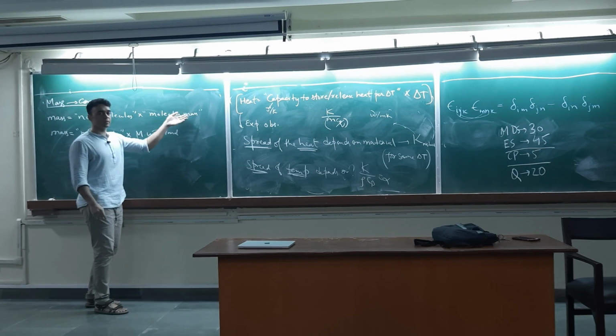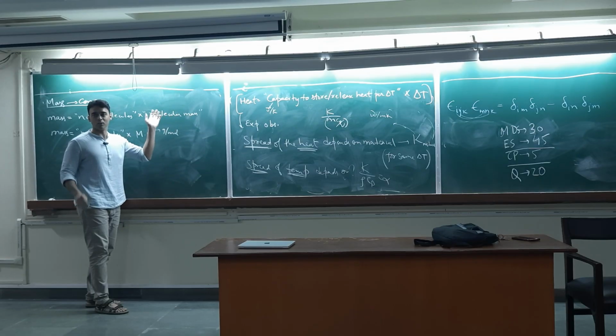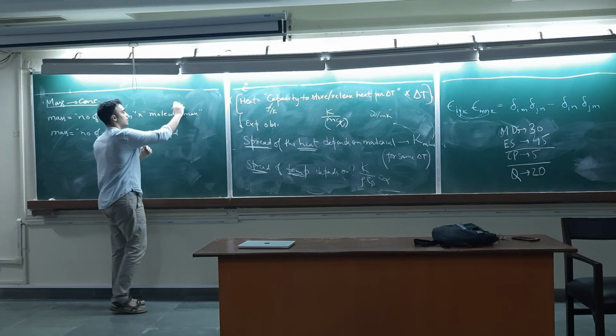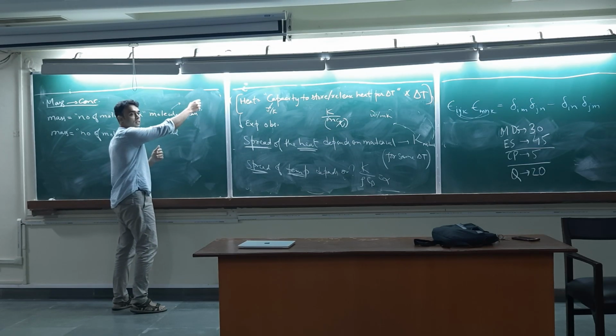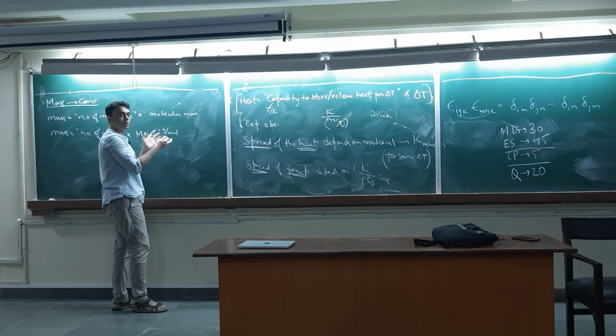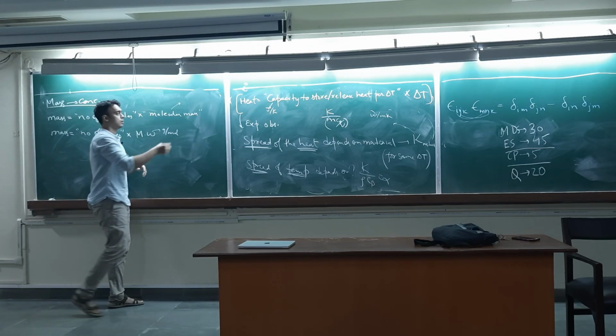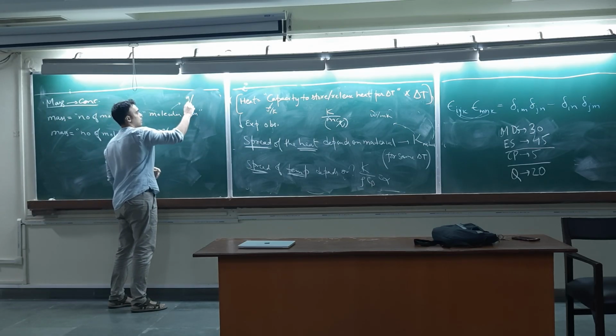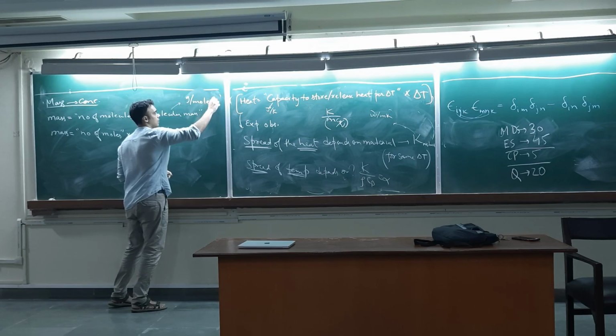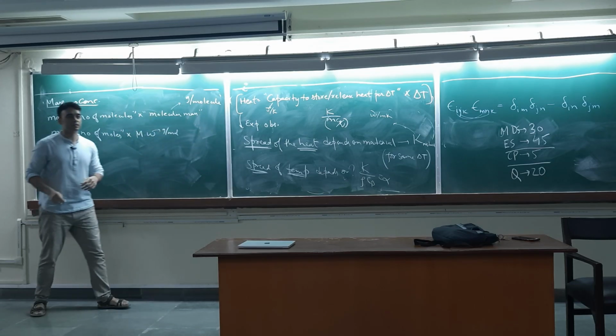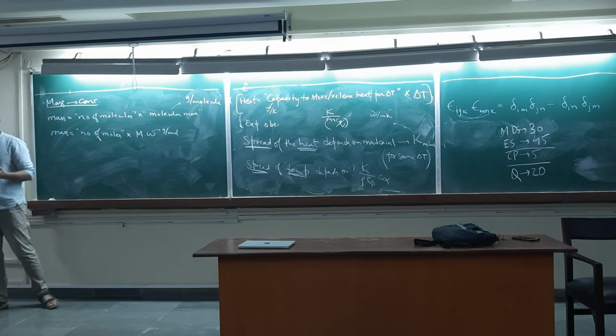If Avogadro was not there and all that development didn't happen, what would you have? The unit for molecular mass would be gram per molecule.